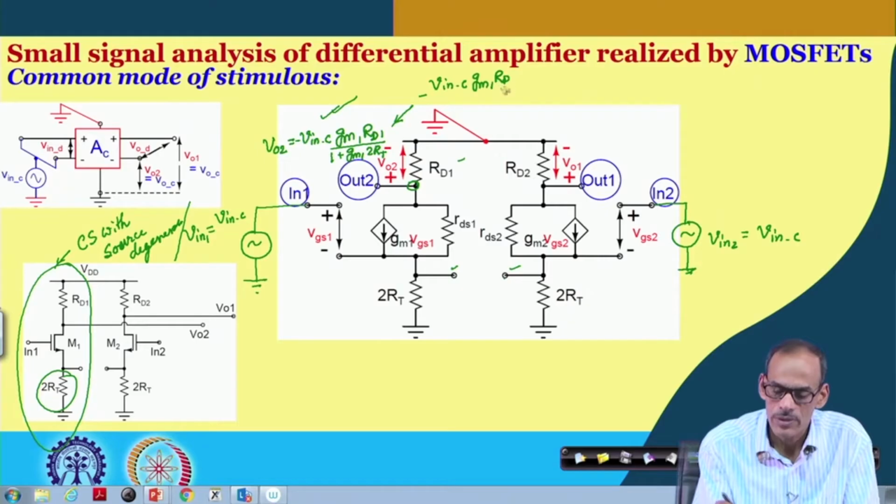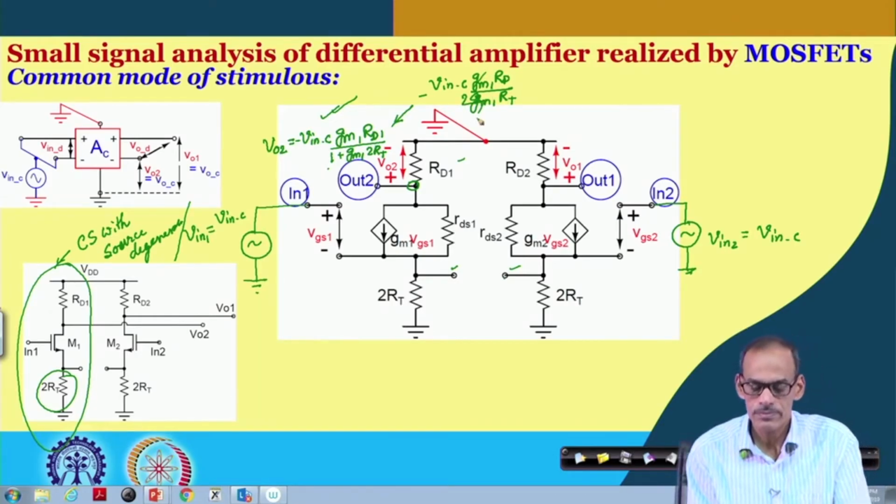In fact, this one part you can remove, so we can simply consider gm1 and 2 RT. So this gm and this gm are cancelled.